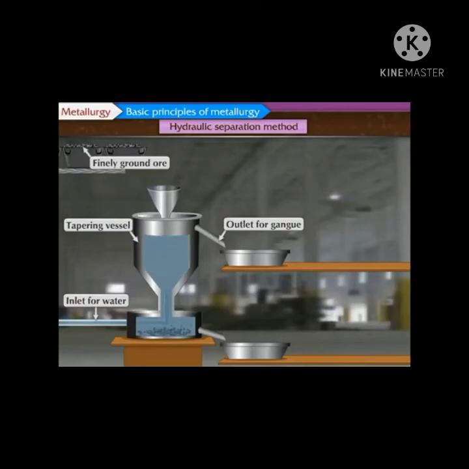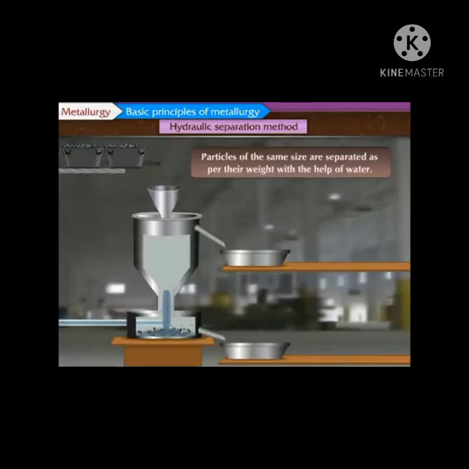The gangue particles, being lighter, flow along with the water from the outlet, while heavy particles are collected at the bottom in the lower side of the tank. While particles of the same size are separated as per their weight with the help of water, it can be said that this method is based on law of gravitation.